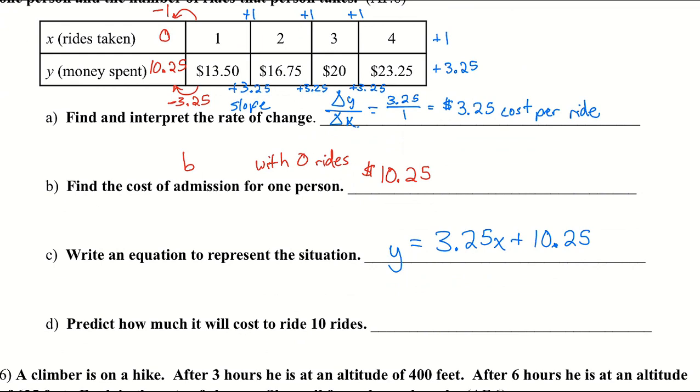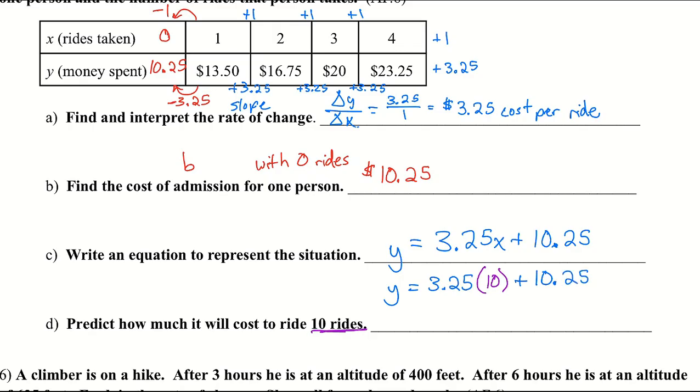Then what I'm going to do is to predict for 10 rides. I'm going to substitute in that 10 for x. So it'll look like this. I didn't do this in class, but I think it'd be beneficial here. And then I'm going to take this and just put all of that into a calculator. There's no need to probably go individually.